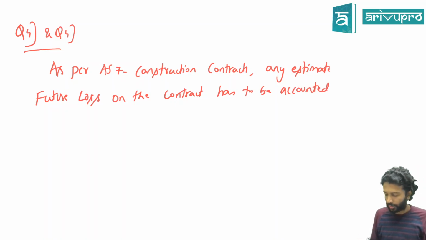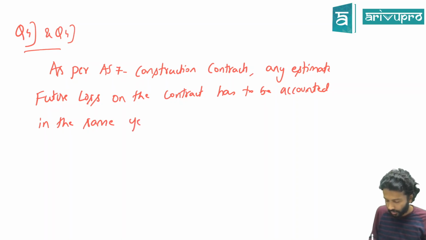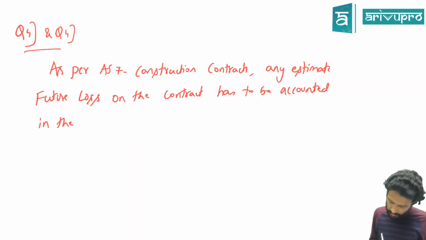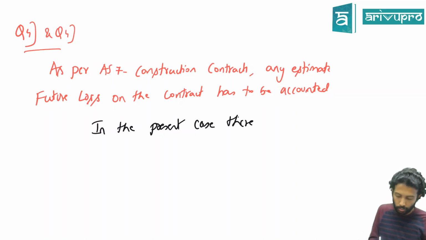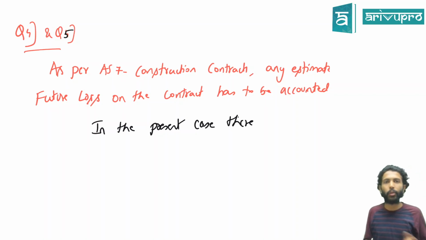Any estimated future loss in the contract has to be accounted in the same year. Or we can just stop there, that's fine. As per AS7 construction contract, any estimated future loss in the contract has to be accounted, full stop. And then you can write in the present case. I'll do it for Q5, you modify it for Q4 accordingly.